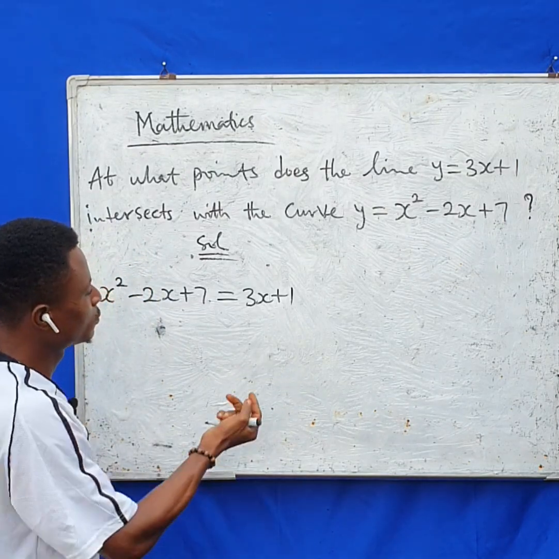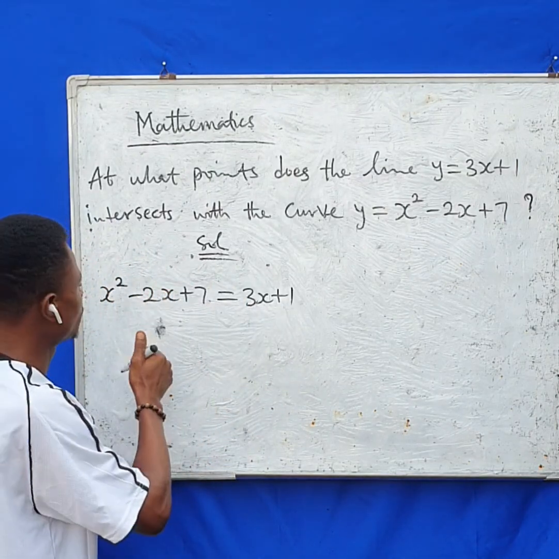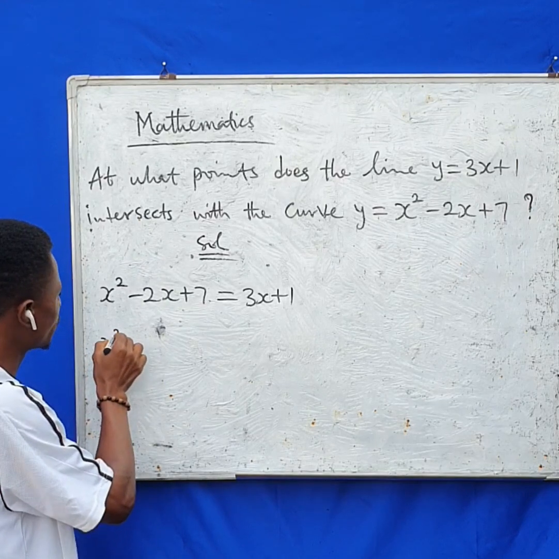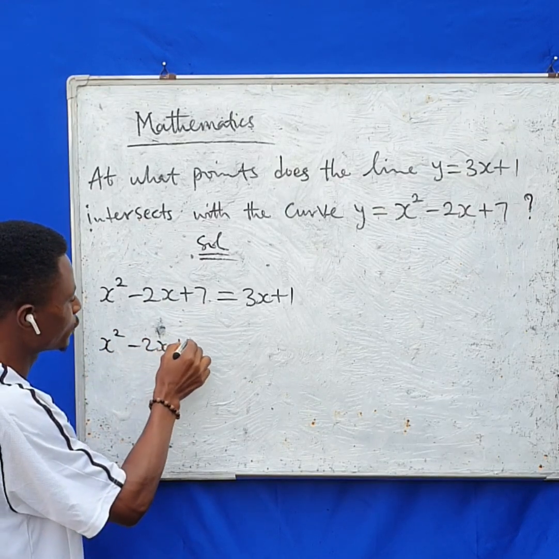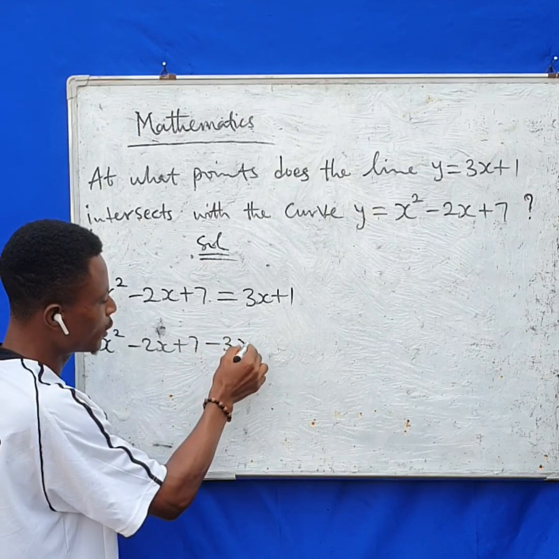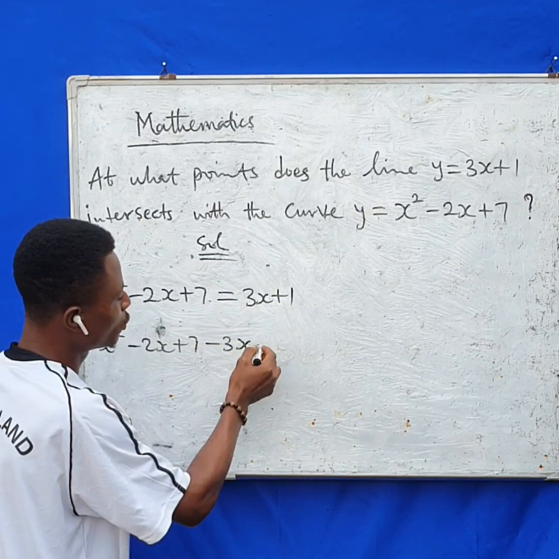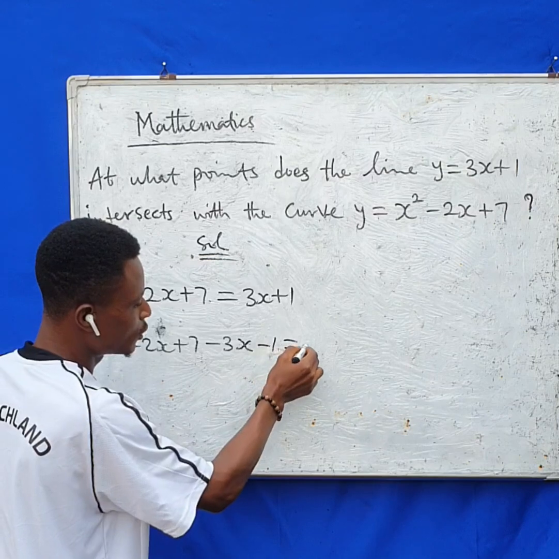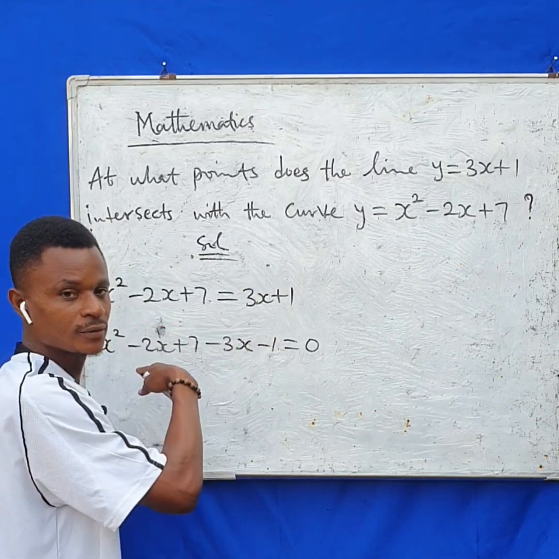Once you have done that, move everything to this side. So this is x squared minus 2x plus 7. If you move this one, it becomes negative 3x. And then if you move this one, it becomes negative 1. Then everything equals 0 because we have moved everything.